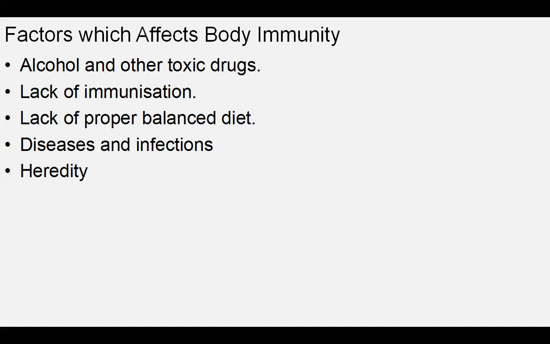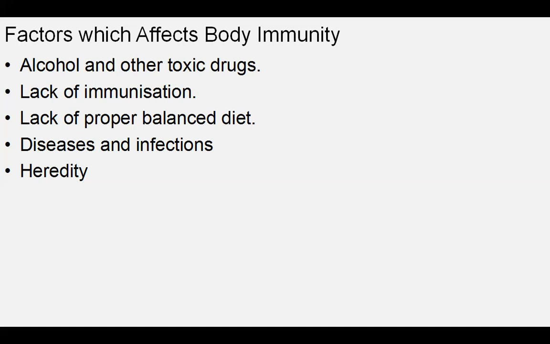And there are other diseases also, like diseases caused by viruses, for example HIV AIDS. The body immunity cannot fight such kinds of diseases. So it affects or lowers the body immunity.